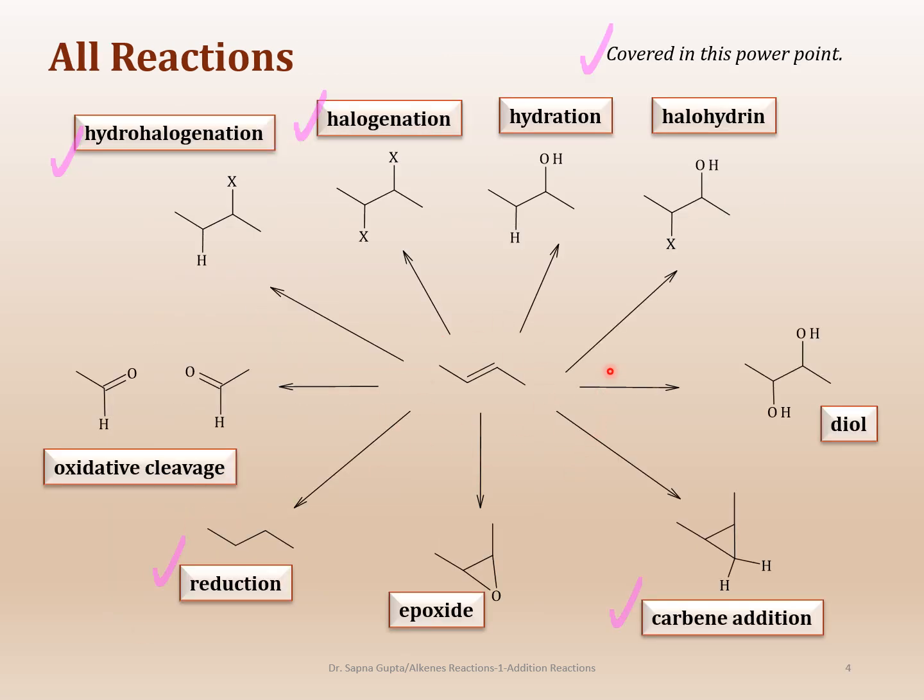So here is an alkene, okay, and then here we can start wherever we want. It doesn't matter because I have everything in a circle sort of. So hydrohalogenation, where you're adding a hydrogen and a halogen. Then you have halogenation, where you're adding a halogen. Remember, halogen in organic chemistry is X. And then we have hydration, meaning you're adding alcohol group.